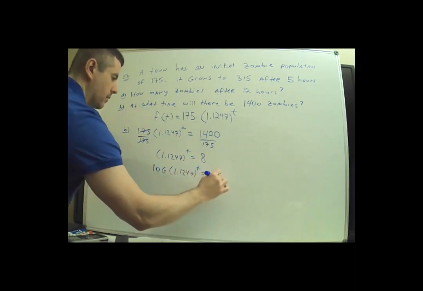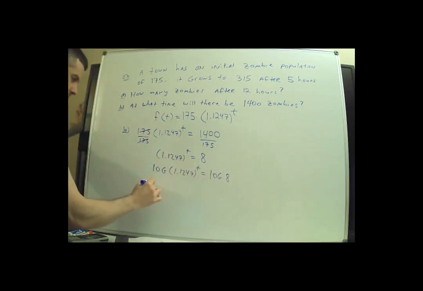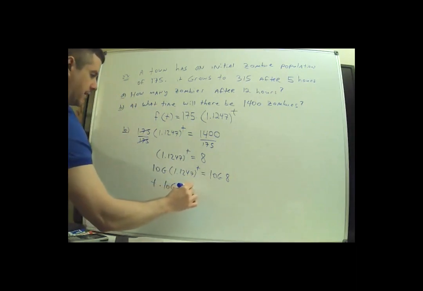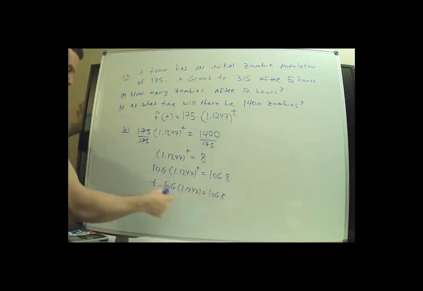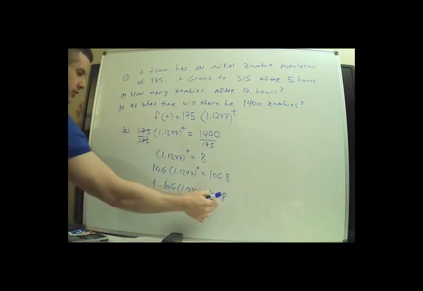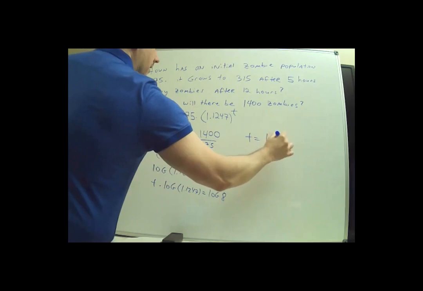Why are we doing that? We have to get the T into the front. And then you divide. Divide this over to there, and that's the T. So T is going to be log 8 divided by log 1.1247.